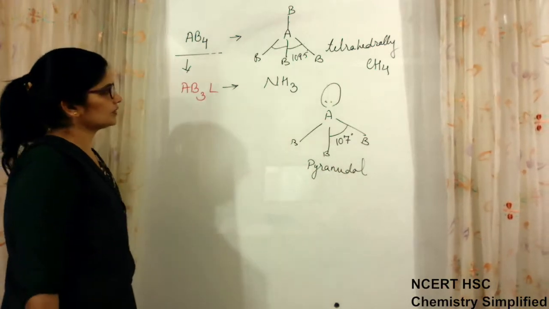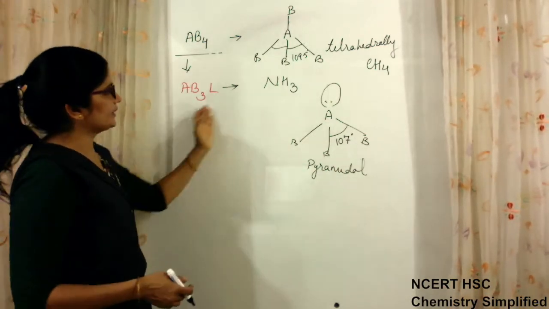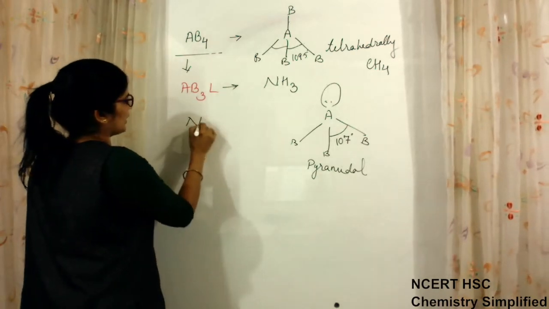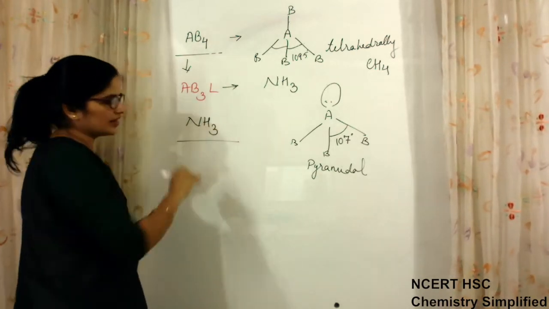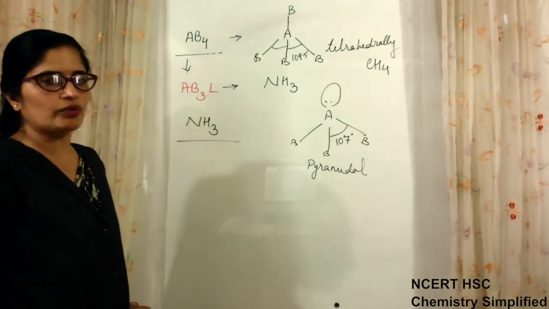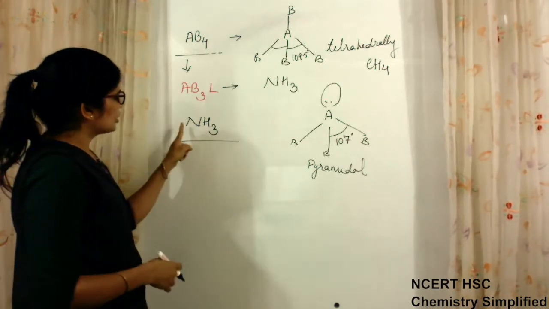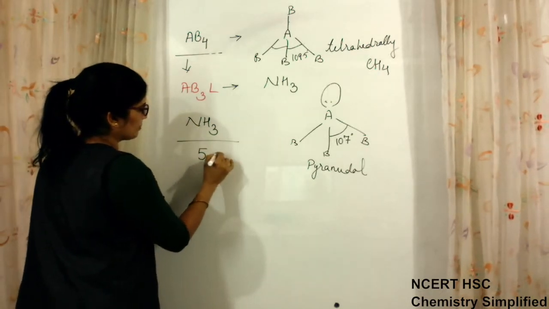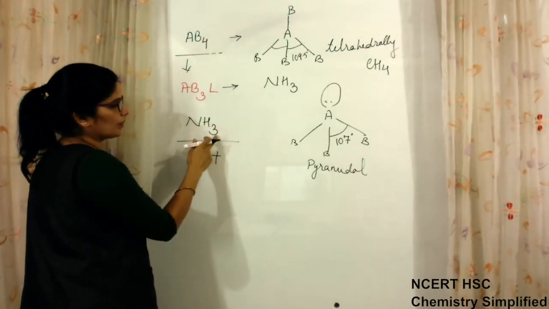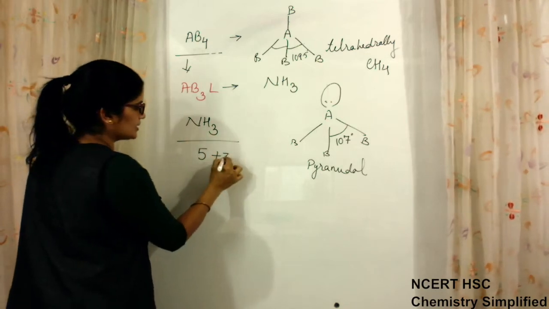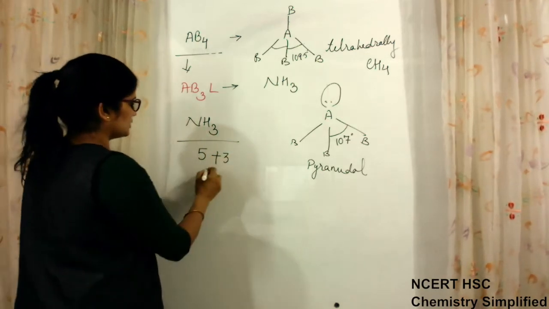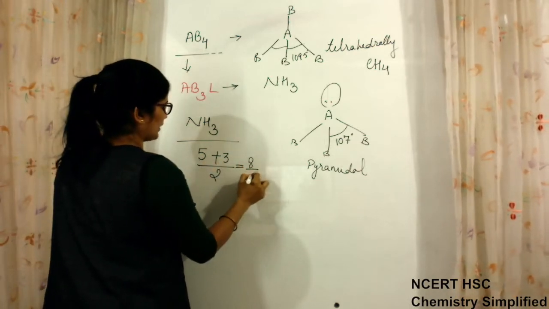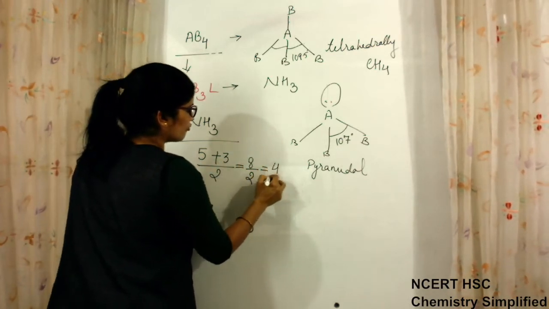Okay. Now how can we calculate it? With the help of the formula which we have already discussed. Suppose in the exam you are given NH3 and you have to find what actually its geometry is. So the number of valence electrons on nitrogen is 5, plus the number of atoms bonded by single bond is 3, divided by 2, that is 8 by 2 equals 4.